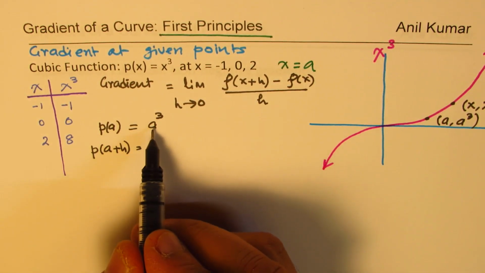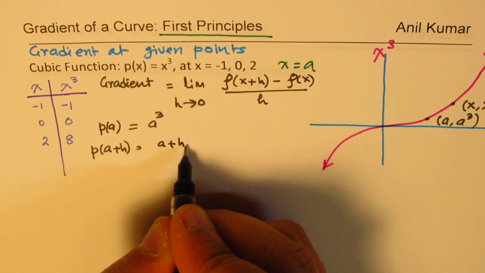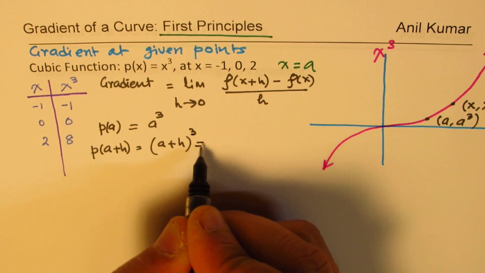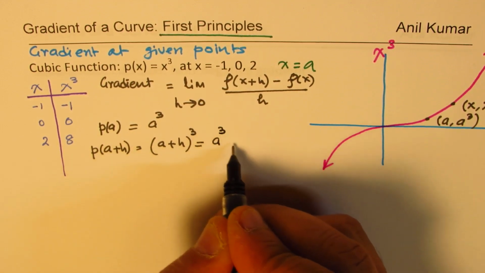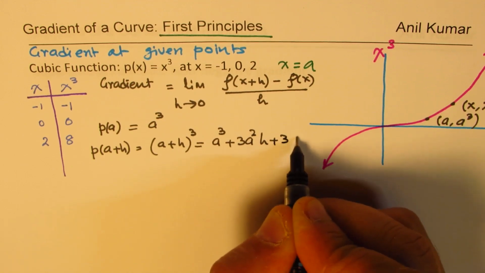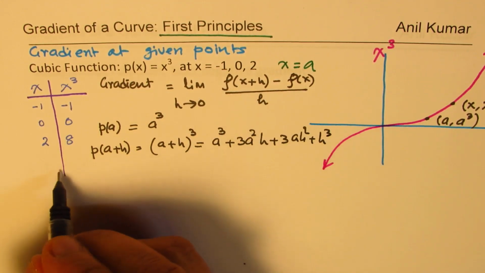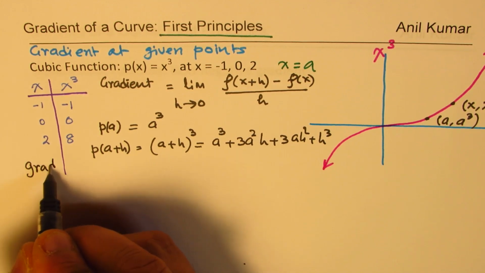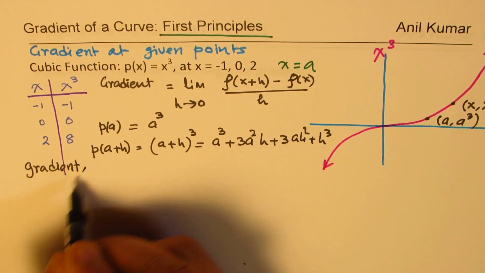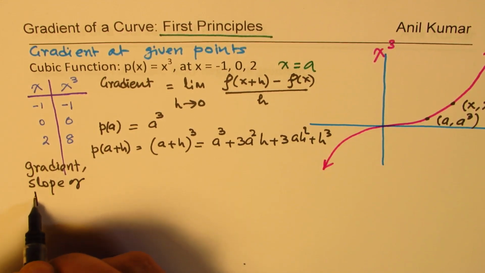Well, I'll substitute a plus h instead of a. So I got a plus h whole cube. The expansion for this is a cube plus 3a square h plus 3ah square plus h cube. Now the gradient is what? Which is also treated as slope of tangent, right?